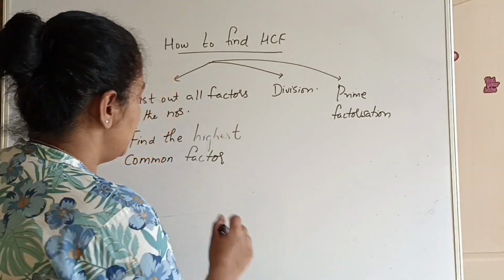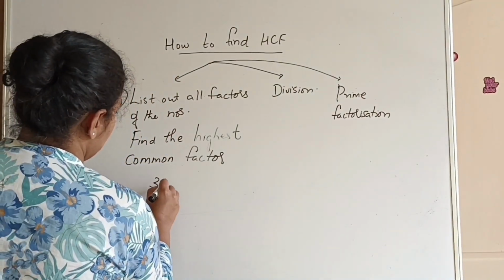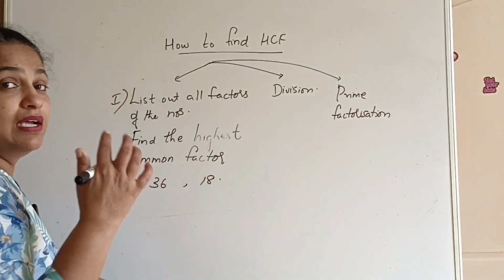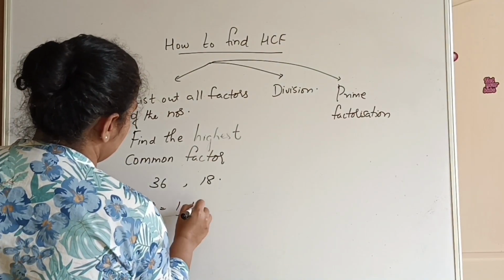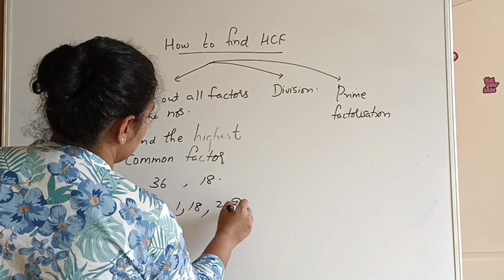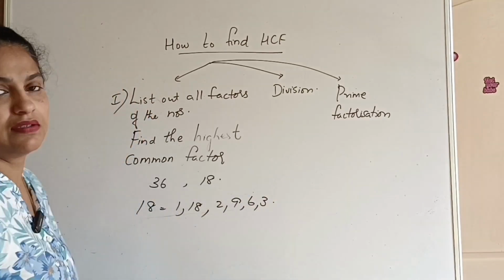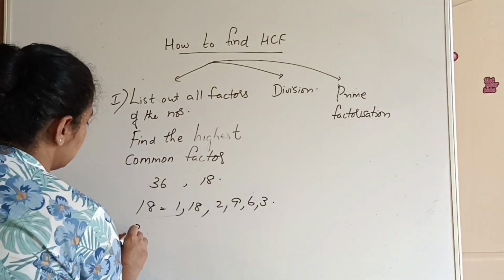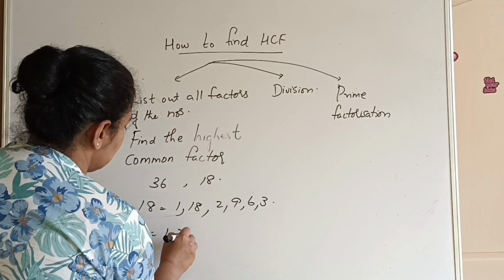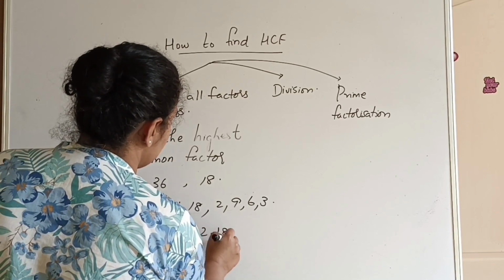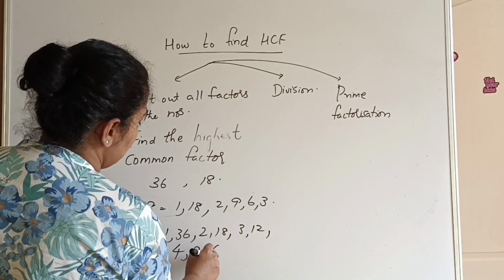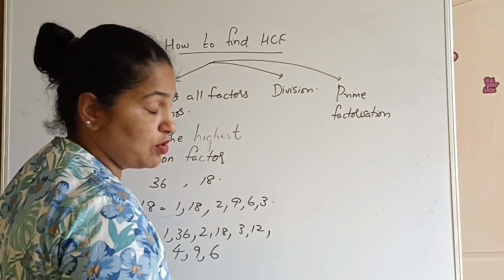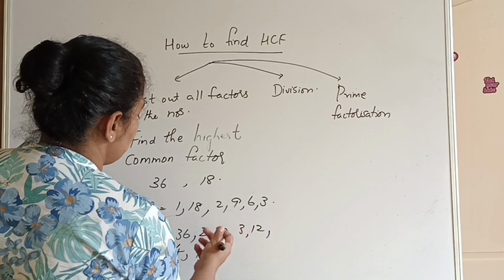Okay. For example, you have two numbers 36 and 18. List out the factors of 18: 1, 18, 2, 9, 6, 3. Okay. Factors of 36 would be 1, 36, 2, 18, 3, 12, 4, 9, 6, 6, I am not repeating 6 and 6.